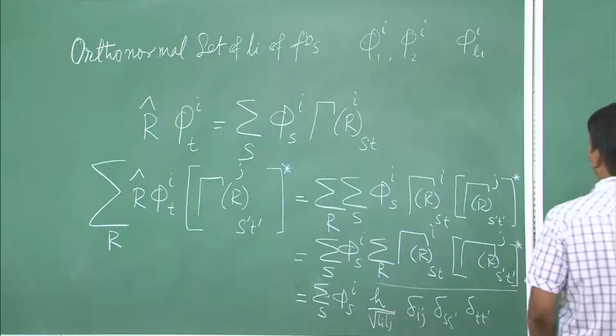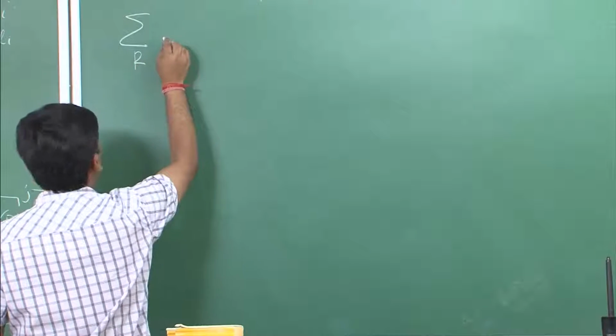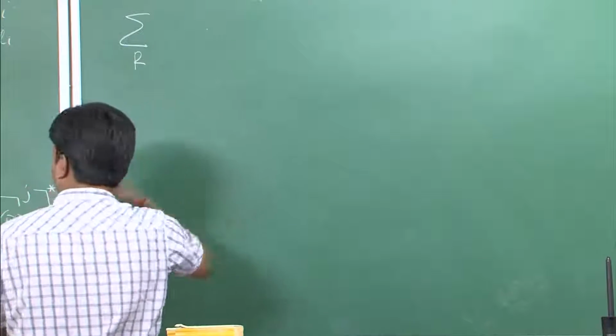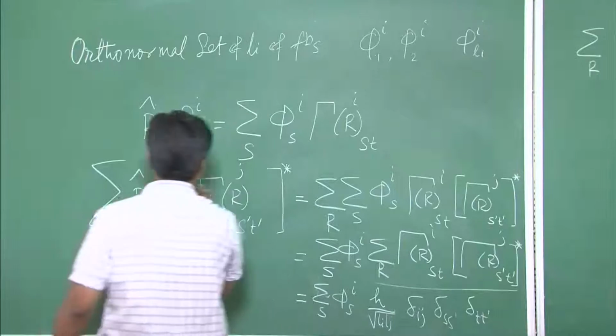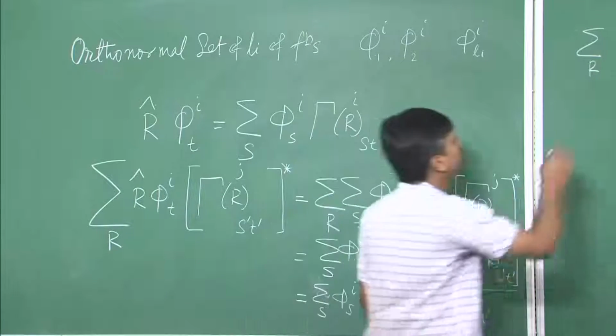So what we have here is the left side, sum over r. I can slightly rearrange because these two are not interfering with each other. So I will write this term first.